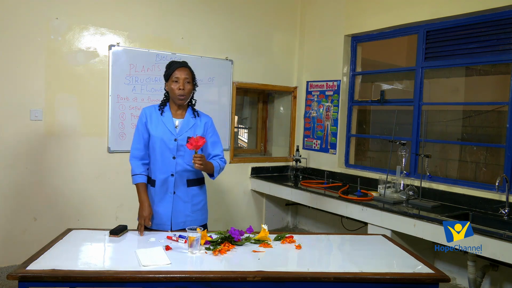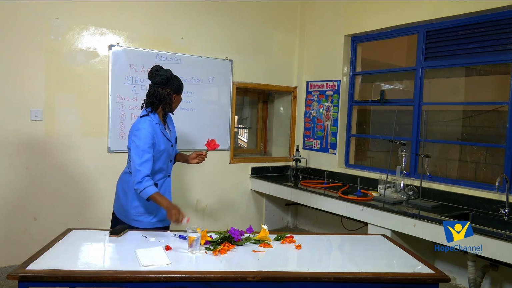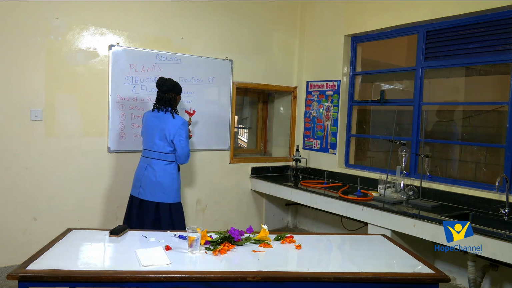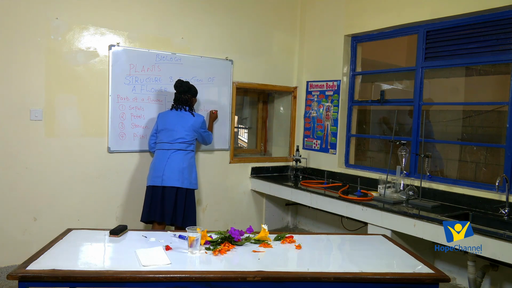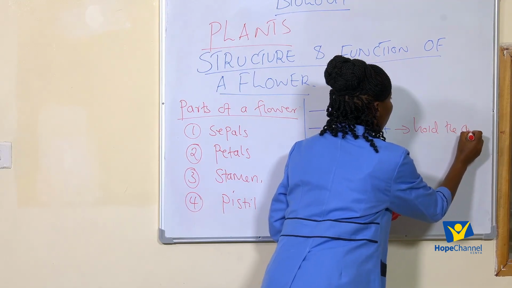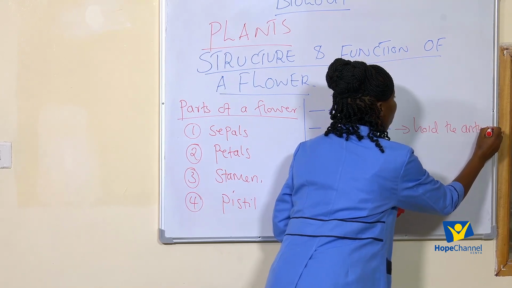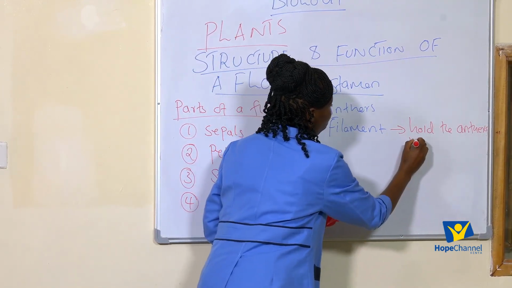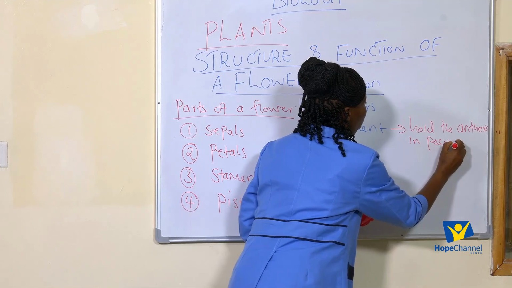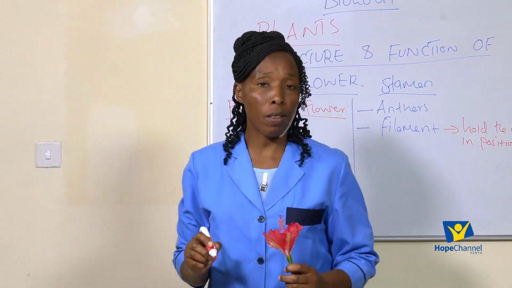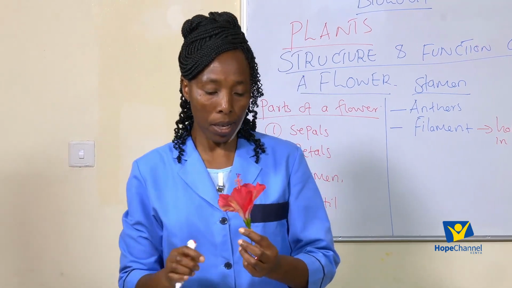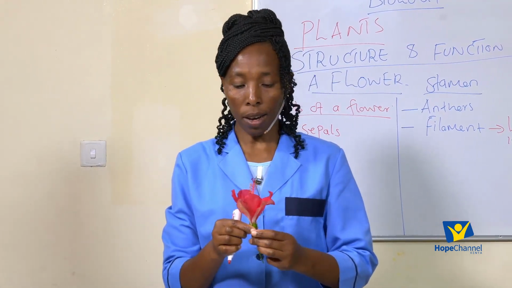Now, usually we say the filament holds the anthers in position. Remember, the anthers are the ones that produce the male gametes, which we call the pollen grains.